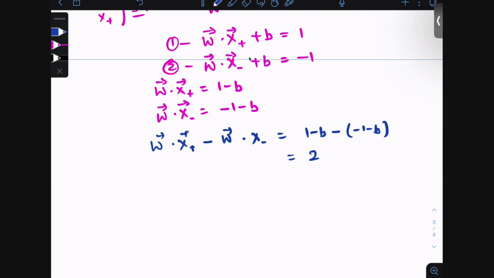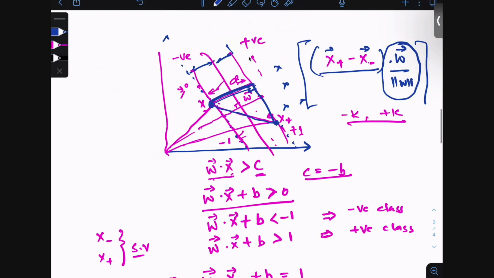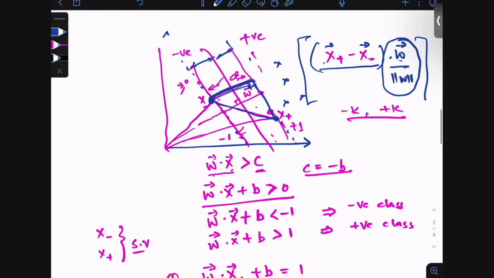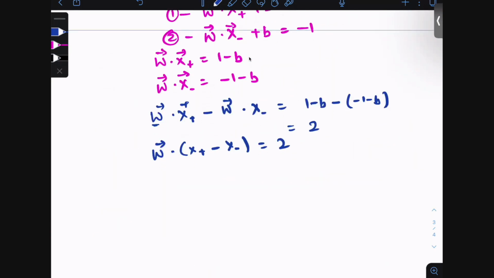Then I can take w common, so w dot (x plus minus x minus) is equal to 2. And friends, now recall that what I wanted to get was (x plus minus x minus) times w by w norm, right? So I will divide both sides by w norm. So w by w norm dot (x plus minus x minus), my support vectors, equals 2 by w norm, right?